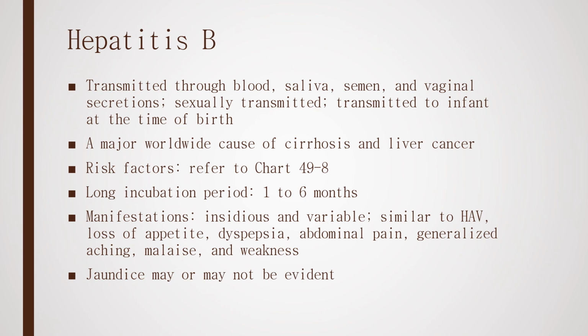Going to hepatitis B. Unlike hepatitis A, hepatitis B is transmitted primarily through blood, just the same as HIV. Hepatitis B can be found in blood, saliva, semen, and vaginal secretions, and can be transmitted through mucous membranes and breaks in the skin.